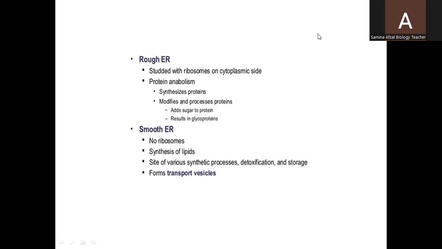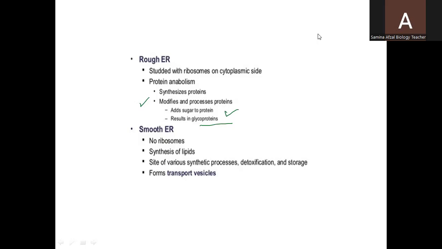How does this modification take place? By adding sugars to it, that is, the protein is changed into glycoprotein. So rough endoplasmic reticulum is involved in protein synthesis, processing and modification of proteins.